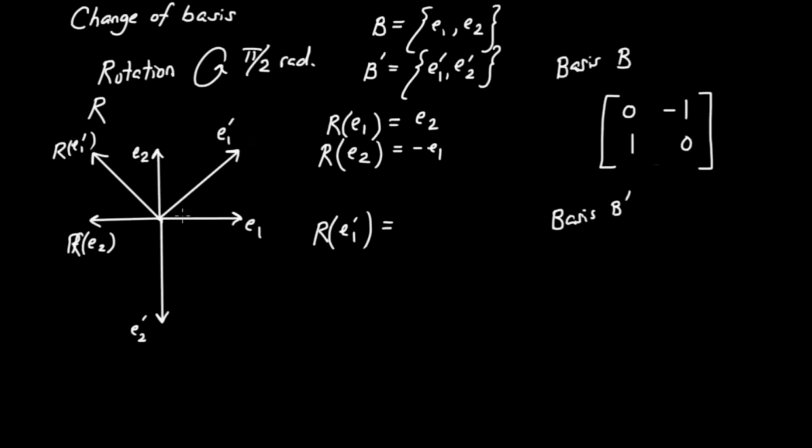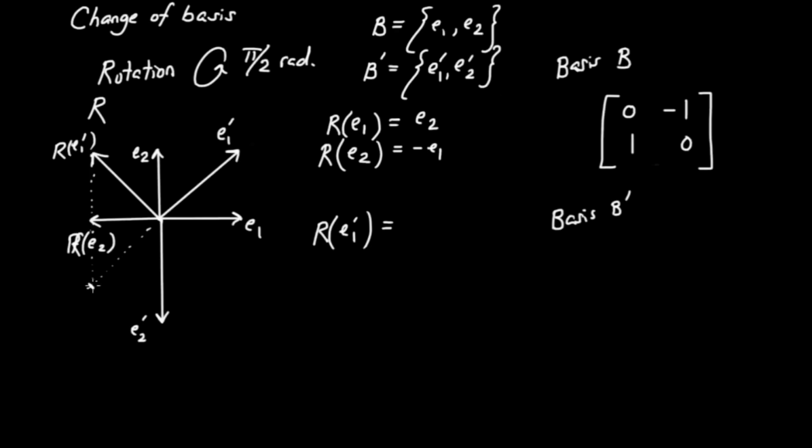Those are right angles. But what is this vector expressed as a linear combination of these two vectors, expressed as some multiple of this plus some multiple of that? To find out which one that is, we simply project like so. We draw a line parallel to E2 and we project it onto this line, which is the span of E1 prime.